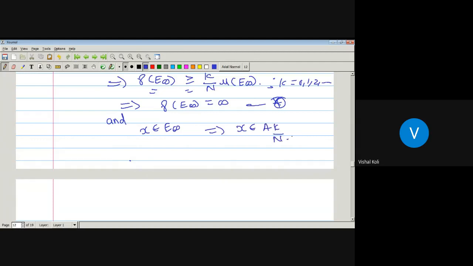As it is a positive set with respect to the signed measure gamma minus k by n into mu, f is greater than or equal to k by n on this A_k by n. Again there is only one possibility for the non-negative measurable function f, which is that its value equals infinity, so f of x is infinite. Take this one as double star.